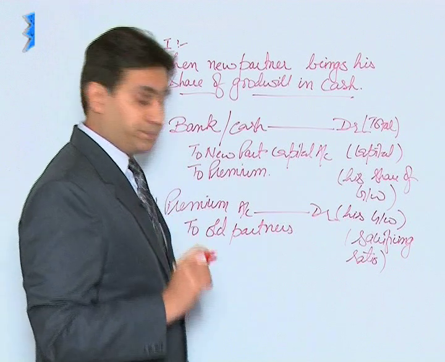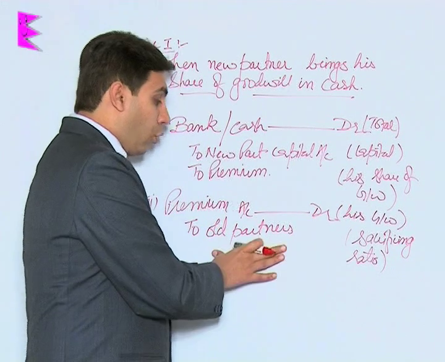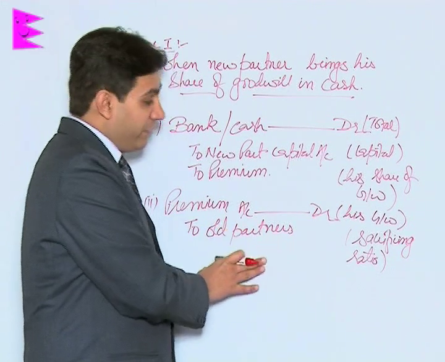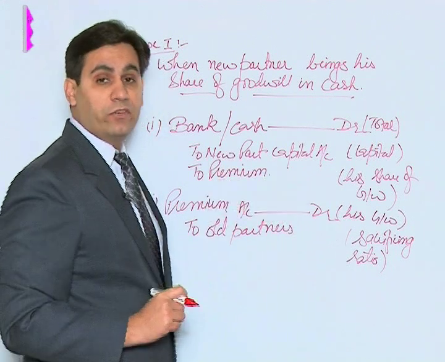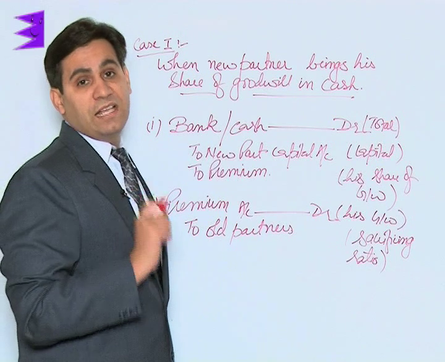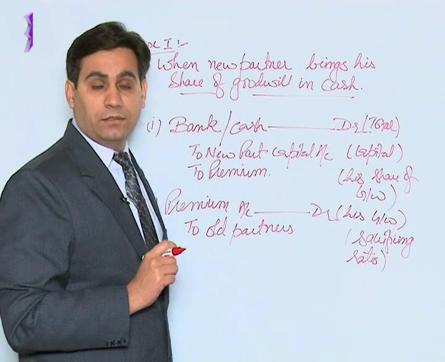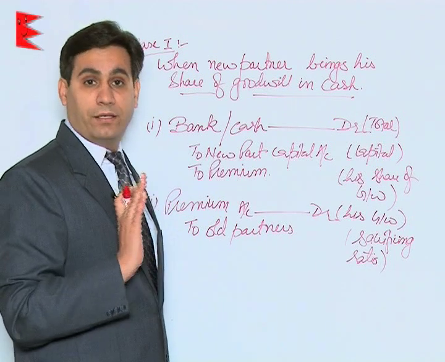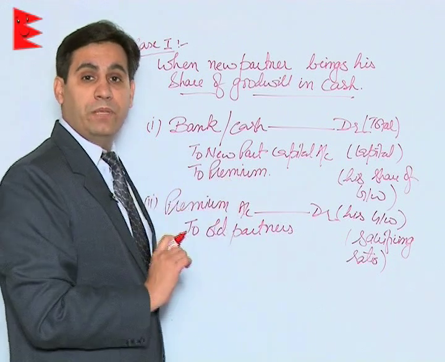Now students, remember, by old partners when we are writing sacrificing ratio in front of it, that clearly means in case a partner has not sacrificed anything, then he will not get any share out of this premium.